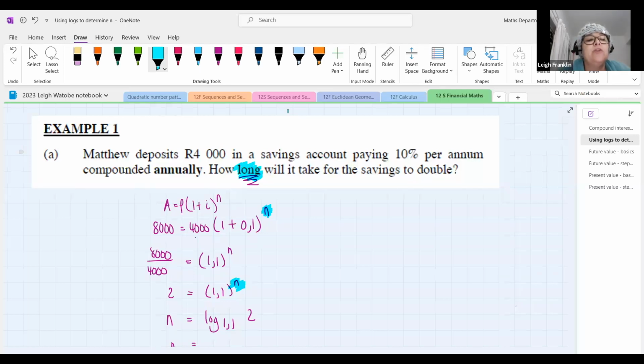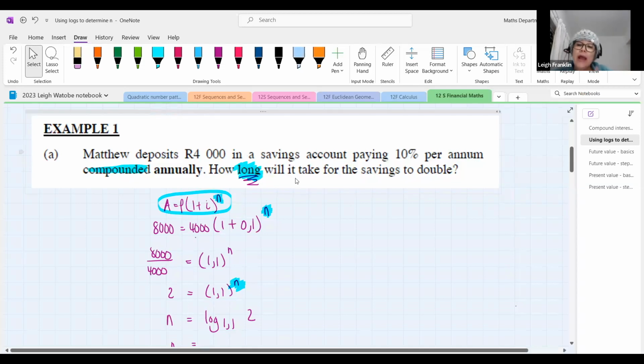Also, they're talking about compound interest, so they're implying we need to use this formula. You've got to calculate n, and if you are calculating n as an exponent, you are using logs. So when the question says how long, then we know it's log.